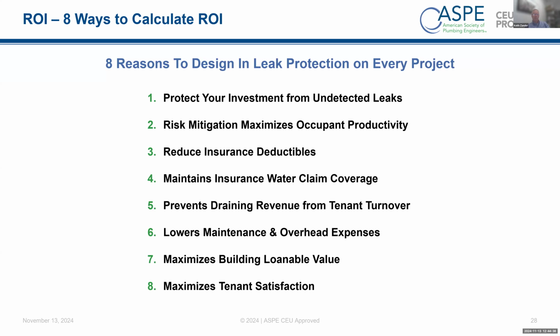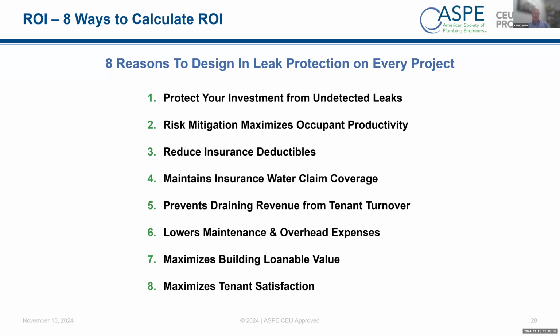So you want to maximize your productivity. You want to minimize your turnover, like number 5 right there. You want to reduce insurance deductibles. We talked about that. You want to maintain your water claim coverage. We talked about that. You want to lower your maintenance and overhead expenses. It just naturally shows that if you can find the leak when it's small, you're not going to have these $100,000, $500,000 claims.